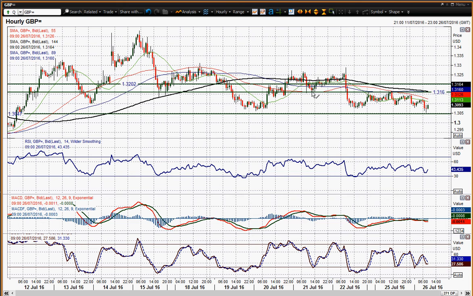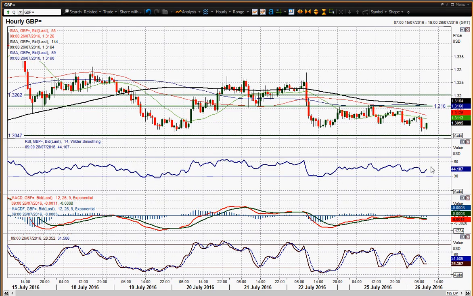It formed the low last week, then on the breakdown it formed a resistance again. So that is your initial resistance, and we've already tested that 30.60 level by a couple of pips this morning, and it bounced off it, but I think that ultimately we're going to retest that level.